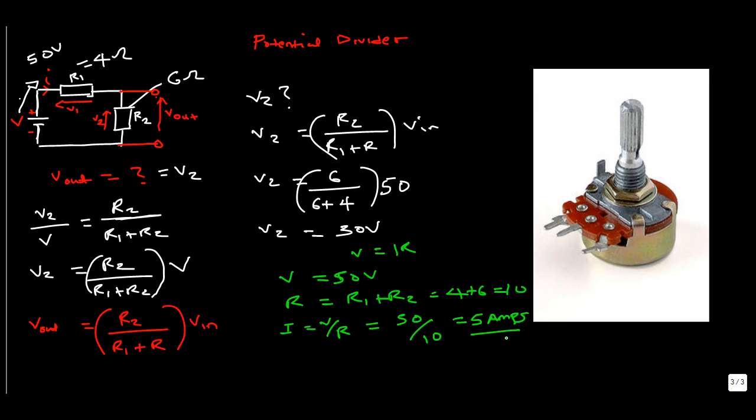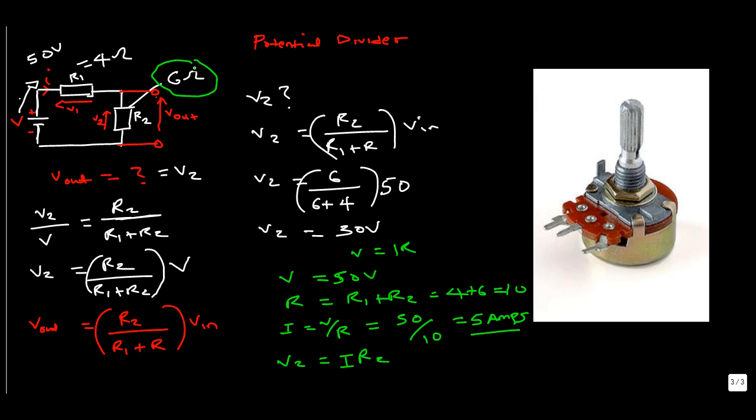We can now proceed to work out V2. We know that V2 is equal to I times R2, and we know that R2 is 6 ohms.